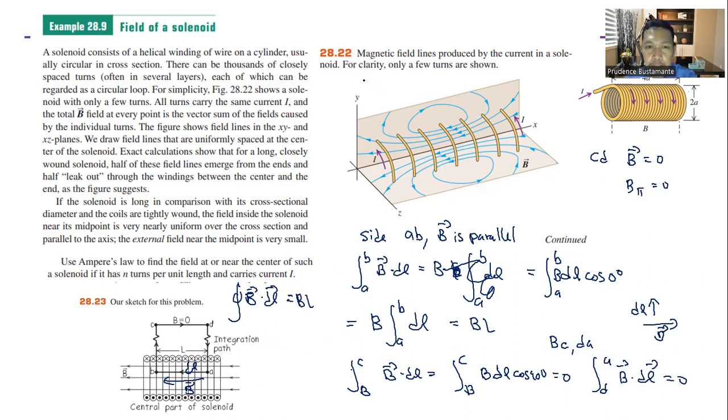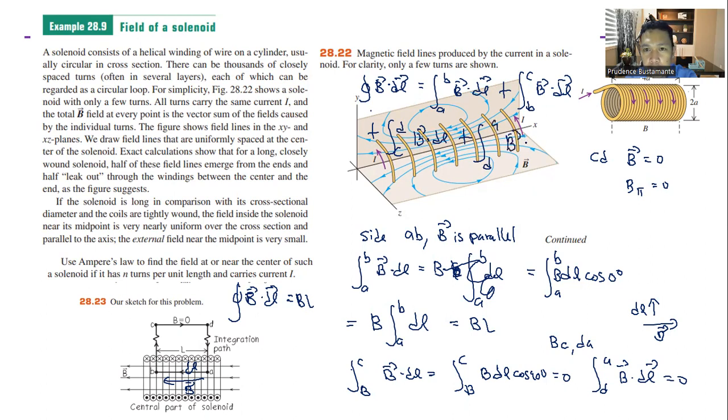If you add them up, the closed integral of B dot dl is equal to the integral from A to B of B dot dl, plus the integral from B to C of B dot dl, which is equal to 0, plus the integral from C to D of B dot dl, plus the integral from D to A of B dot dl.